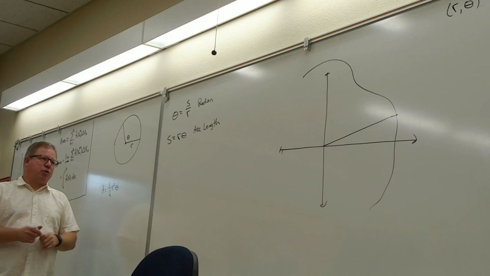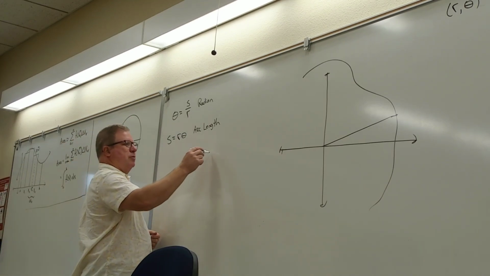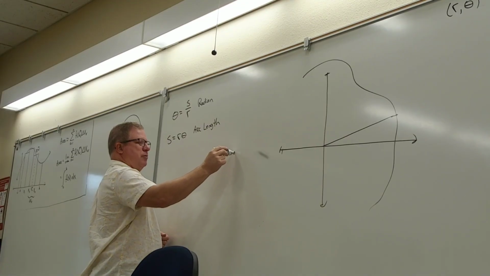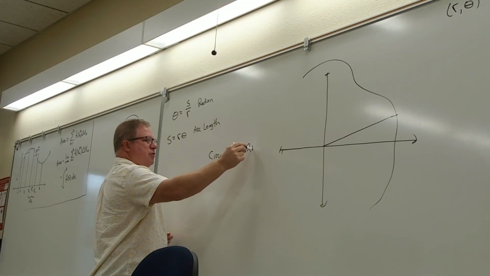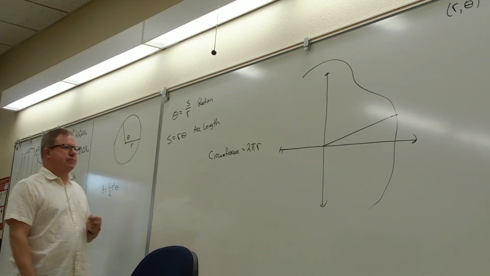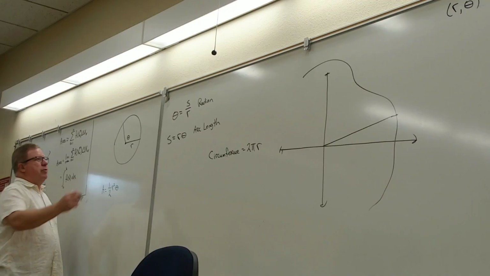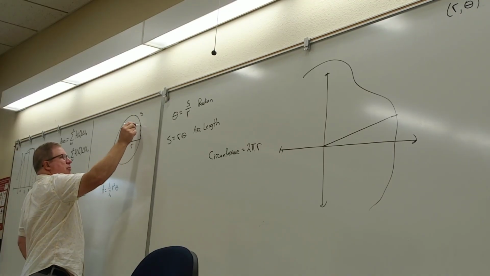The circumference of a circle is 2 pi r. Okay? This is S, this distance along here.